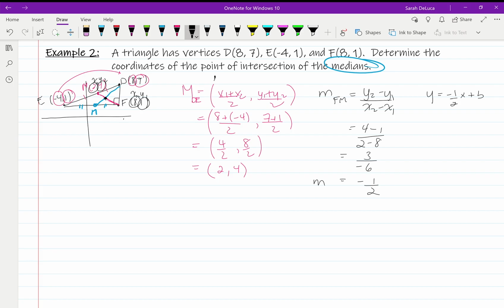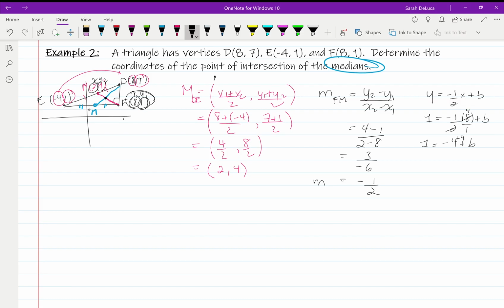But now I need to solve for b, so I need to sub in a point, and I'm going to sub in the point 8, 1. So the x value is 8, and y is 1. Doing the math, this gives me -8 over 2, or if I reduce, -4 plus b.